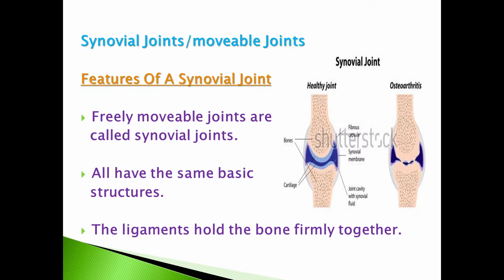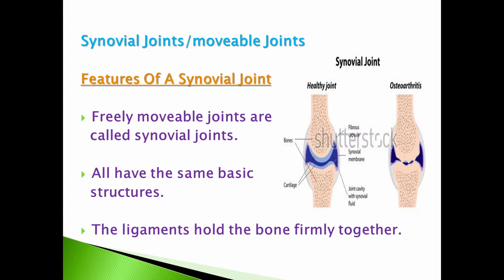So that is why we have to look at these features. So these features are basically ideal, or you'll only find them in synovial or movable joints, meaning that you're not going to find these features in a fixed joint, for example.